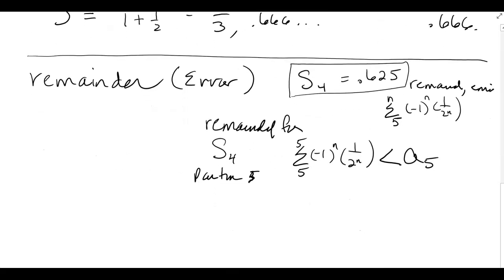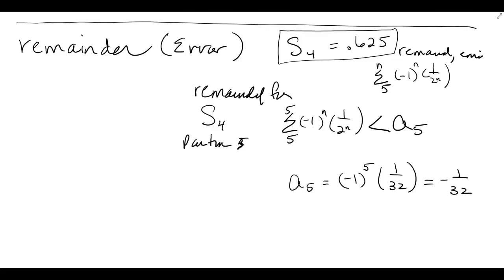So what is a sub 5? A sub 5 of my series is simply -1 to the 5th, so it's -1 over 32.